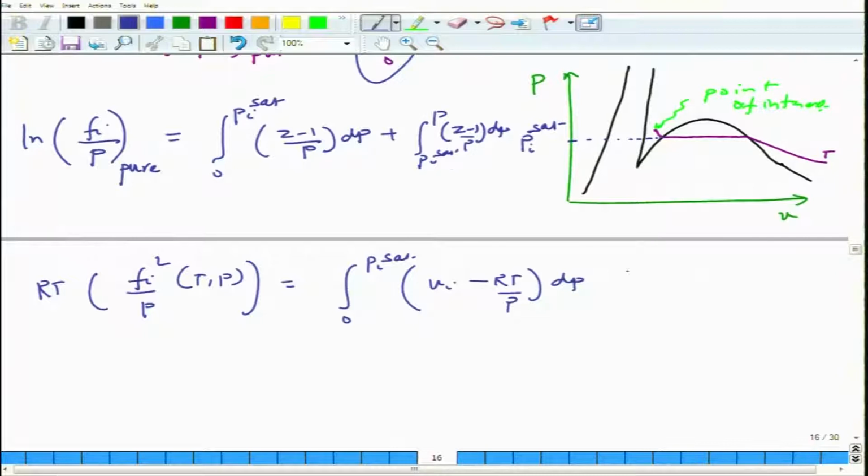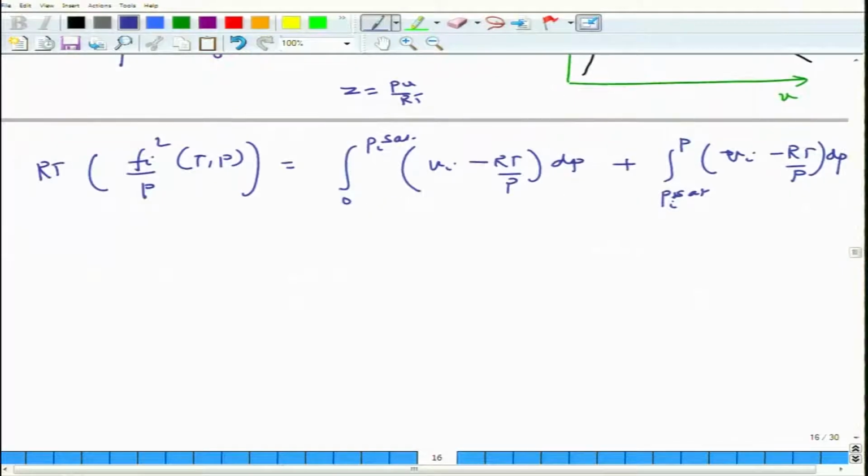Rearranging this, because Z is nothing but PV by RT, the second term is the integral from P_i sat to P of (V_i minus RT by P) dP. Now, this part we can relate to the fugacity at saturation condition.